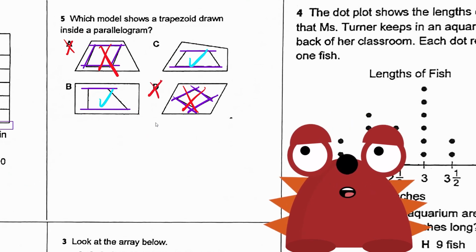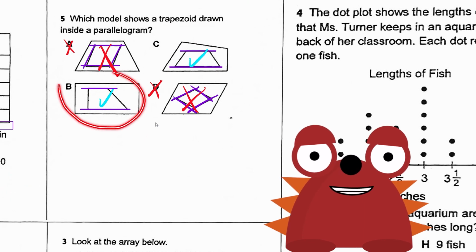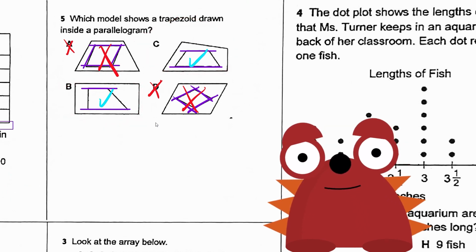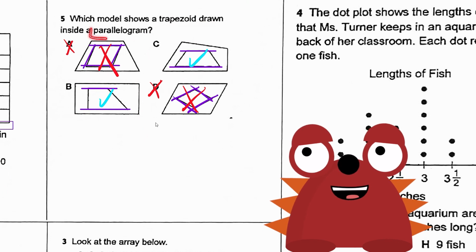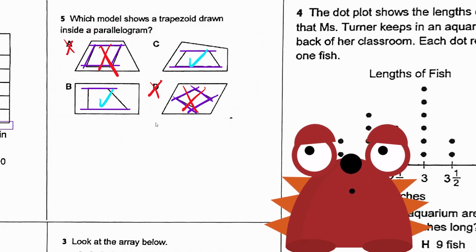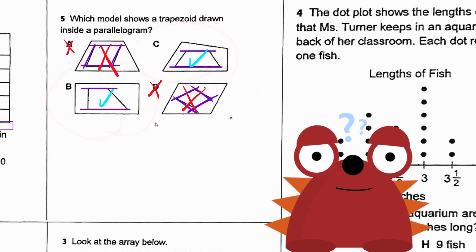So now we have choice B and choice C. Both of them have a trapezoid inside, but it has to be inside a parallelogram. So if you look carefully, can you think of which of those two choices has the parallelogram? If you said choice B, you are correct.